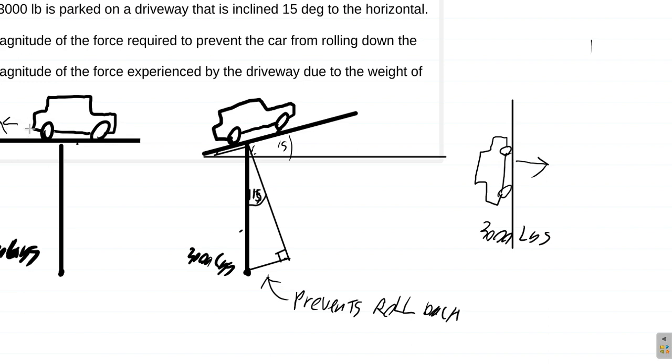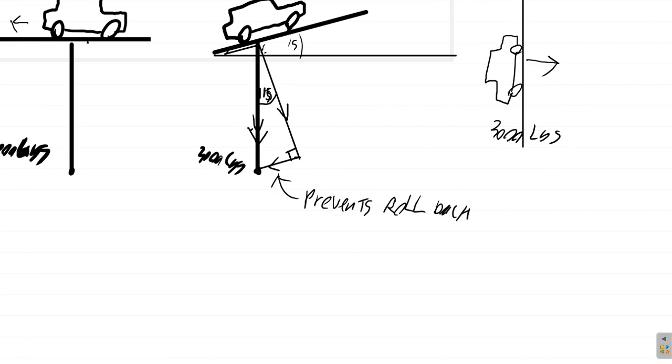The rollback force would be 0, and the force on the driveway is 3,000 pounds. But here now, you're going between those forces. So here, you have this force. Remember, the 3,000 pounds is going down. So the 3,000 pounds would be this force, 90 degrees to the surface, plus this force, the triangular again. You see that? So we're going to do some calculation.